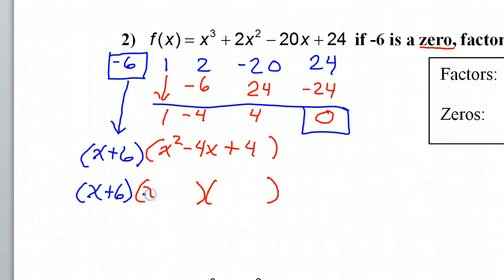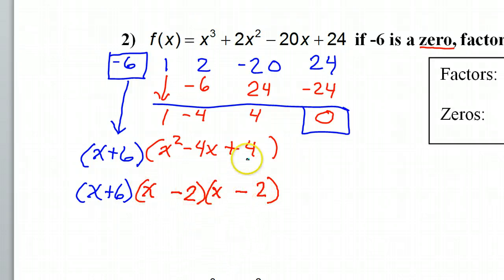X squared will only be x times x. Okay, 4 is either 4 times 1 or 2 times 2. I'm thinking 2 times 2 in this case. I need a middle of negative 4x, so that would come from an inner of negative 2 and an outer of negative 2.